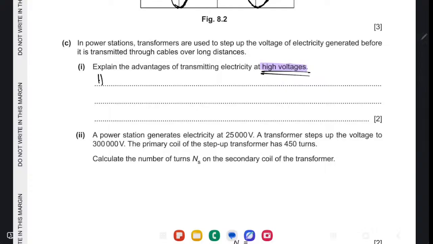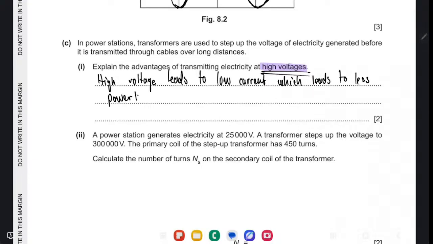So, high voltage leads to low current, which leads to less power loss. Okay.